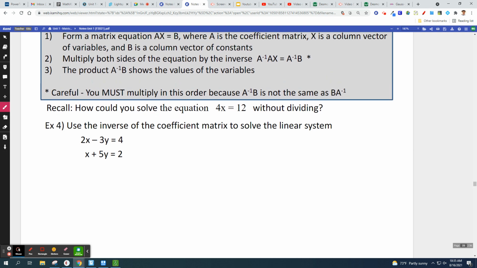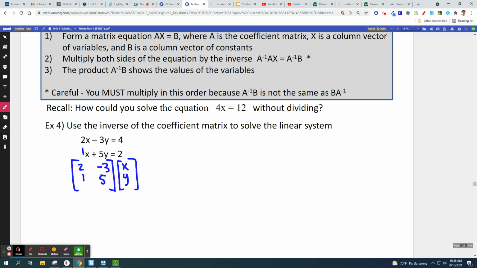If you look at number 4, and you took out the coefficients, notice this is a 1 right here, but if you made this into a matrix equation, it's going to look like 2, -3, 1, 5 for the coefficients. And then you're going to have a column vector, which is the vector of variables. Now, if you think about it, that's a multiplication problem. It's matrix times matrix, and we do row times column.